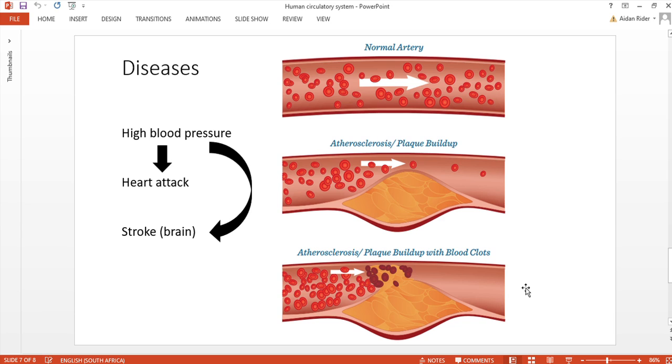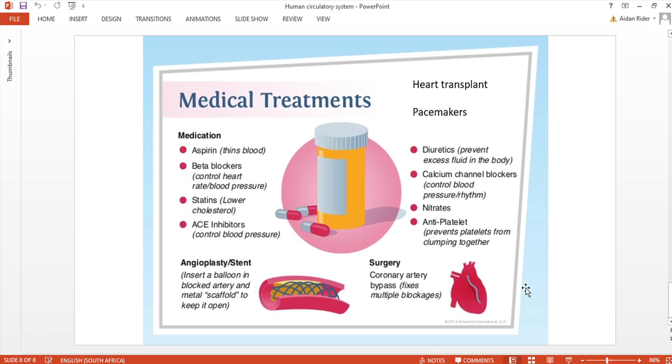Okay, and then usually, how can we prevent or treat some of these diseases? So first of all, medication. Main medication, aspirin, is like a blood thinner. It actually thins your blood so the blood can move through quicker. So there are a couple of oral medications you can use, but there's also something called an angioplasty or a stent.